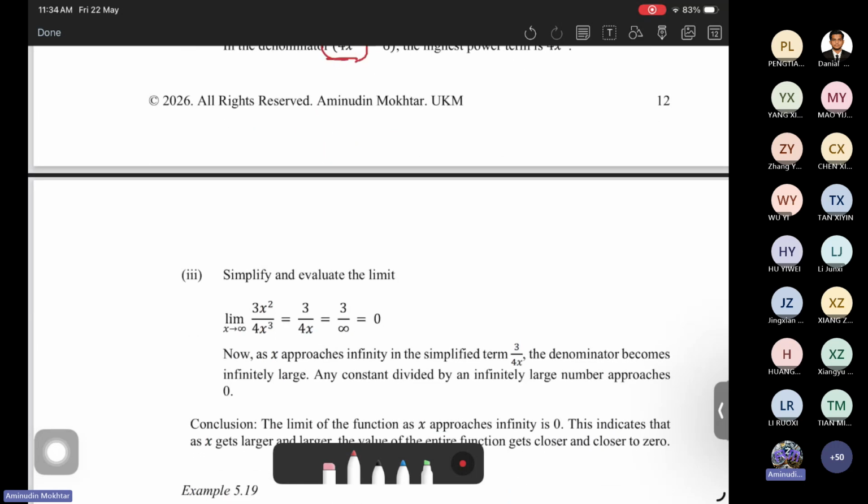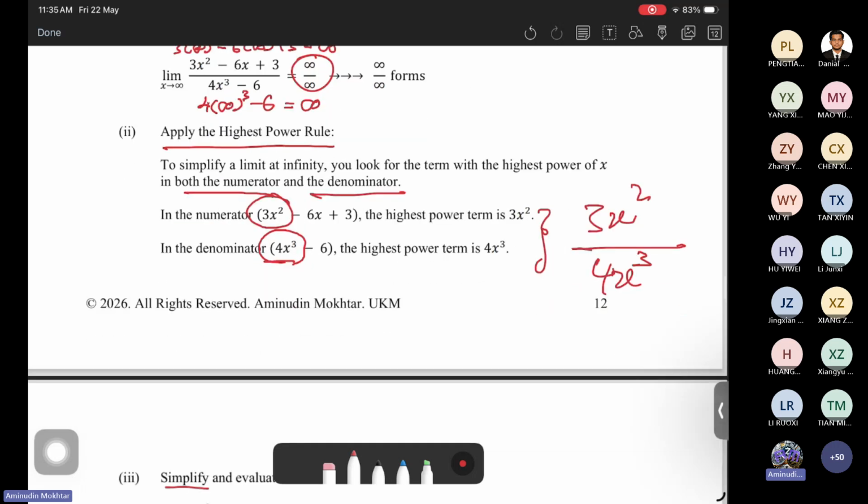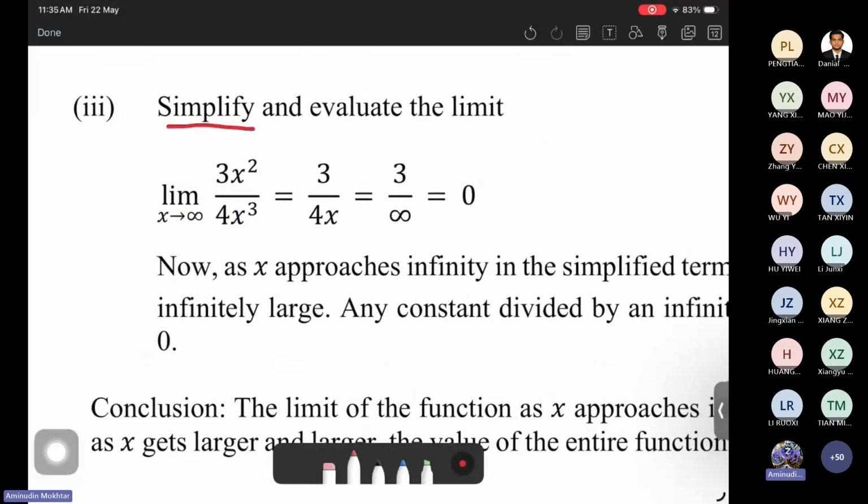Now we take the ratio of these two terms, 3x squared over 4x to the power of 3, so we can simplify this equation. Now our limit becomes the limit of 3x squared divided by 4x to the power of 3 when x approaches infinity.